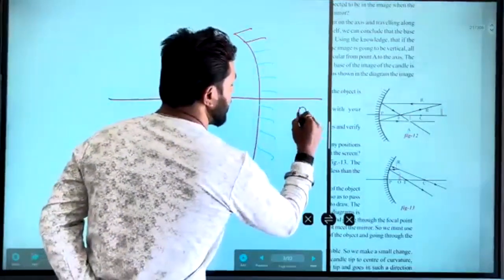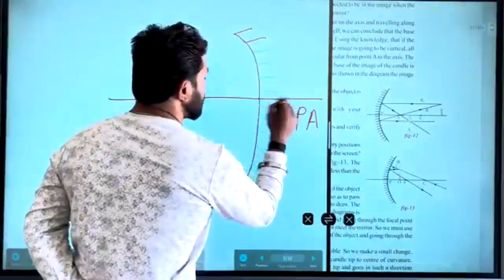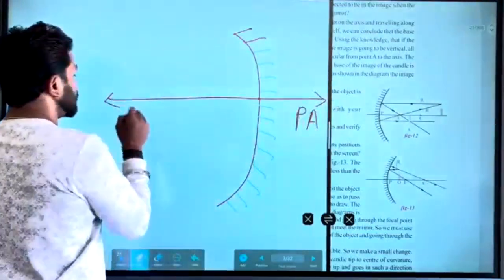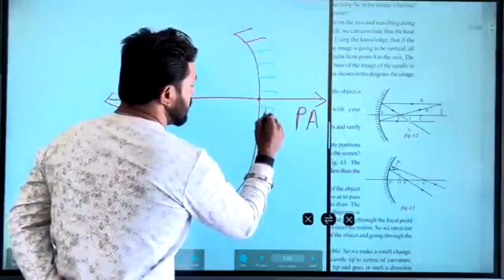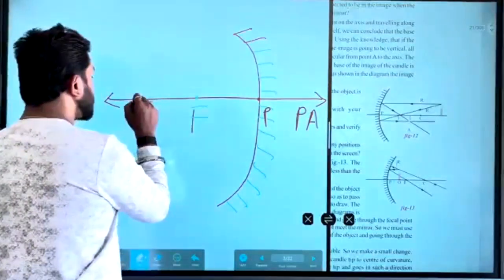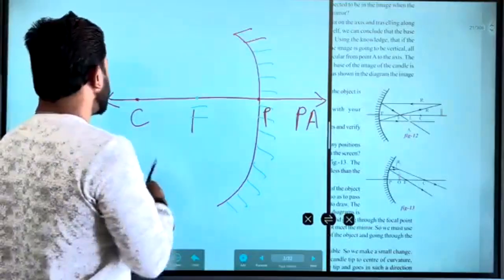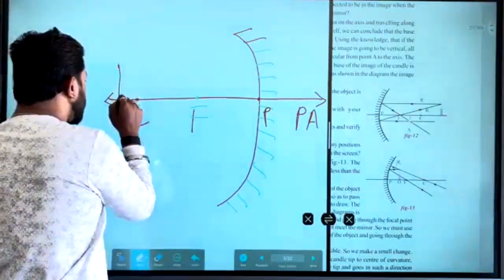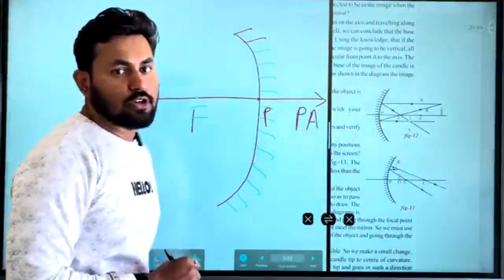Now this is PA, principal axis. This is an arrow. This is the pole that you already know. This is focus, and this is center of curvature. Your object is over here, beyond C.